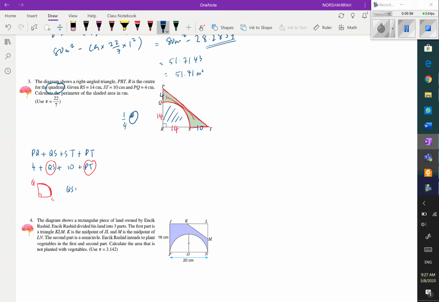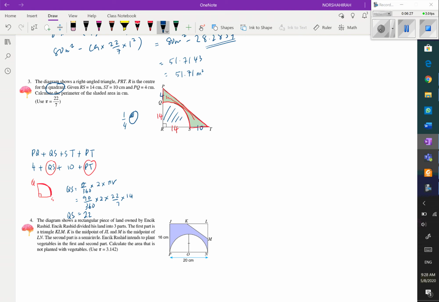Theta over 360 multiplied by circumference ataupun 2 pi r. Which theta kita 90 over 360 multiplied by 2 multiplied by pi 22 over 7 multiplied by r 14. So panjang QS kita adalah 22.